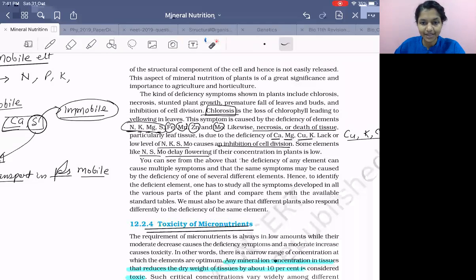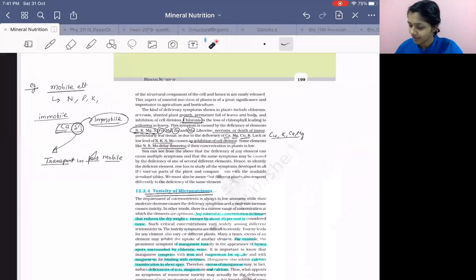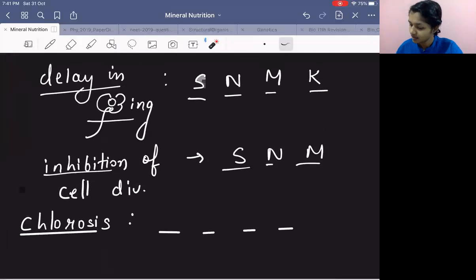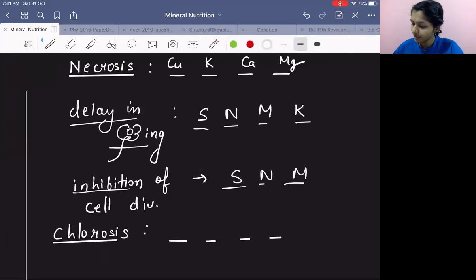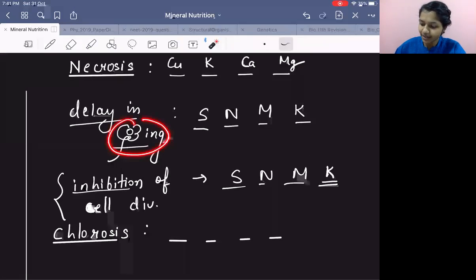Okay. I think we have made one mistake, right? NKSMO, that does what? Inhibition of cell division. NKS, yeah, here you should have K. Inhibition of cell division. The word which already has flowering will not have Kamal.